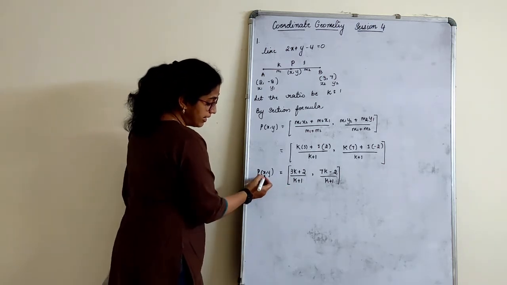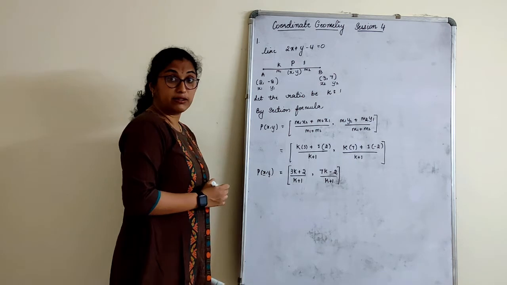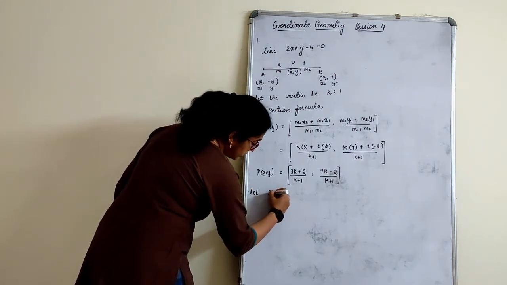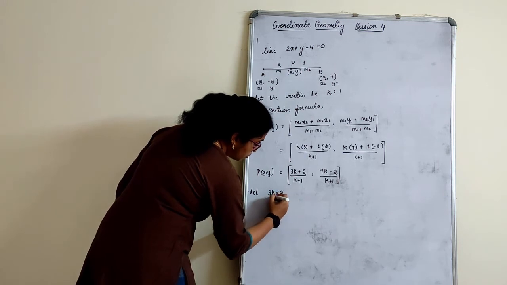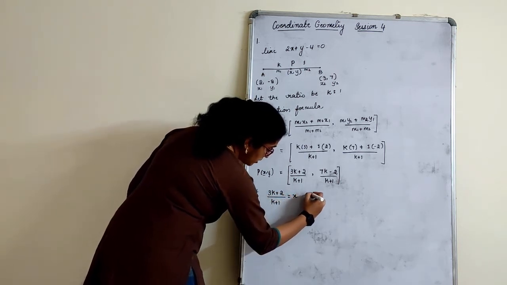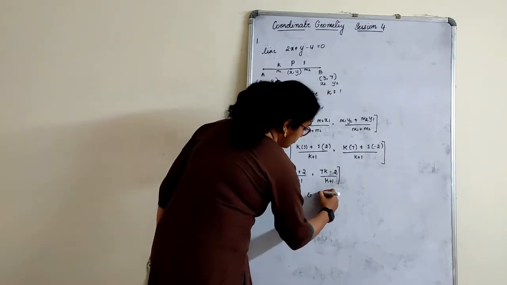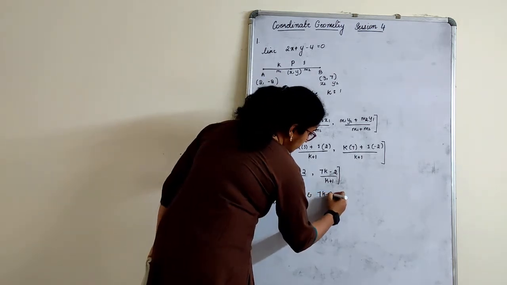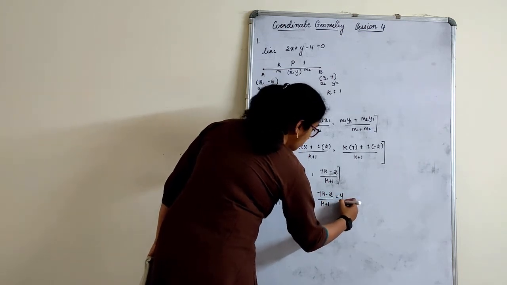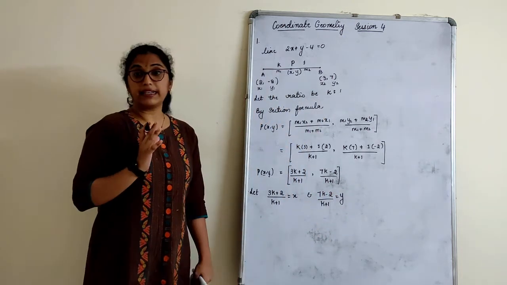Let us equate that to the coordinate x and coordinate y respectively. Let (3k plus 2) divided by (k plus 1) is equal to x and (7k minus 2) divided by (k plus 1) is equal to y. So these are my x and y.